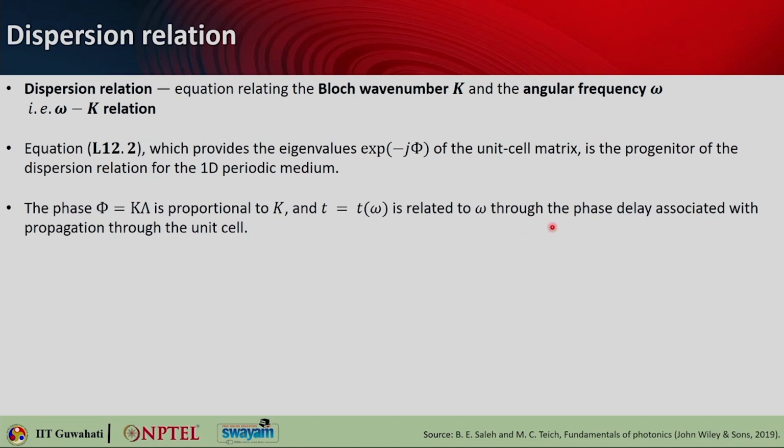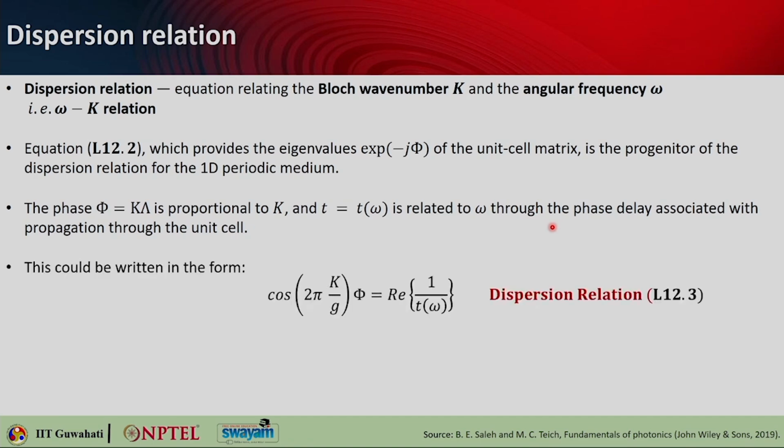These two are related through the phase delay associated with the propagation through the unit cell. So, you can write that cos of 2 pi k over G, that is cos phi, is nothing but the real part of 1 over T, which is a function of omega. So, this directly correlates your k and omega, and hence it can be named the dispersion relation.